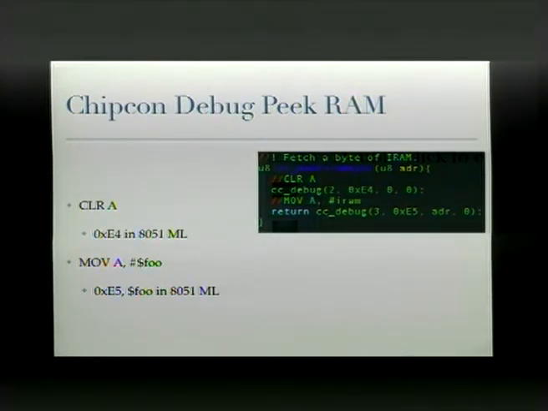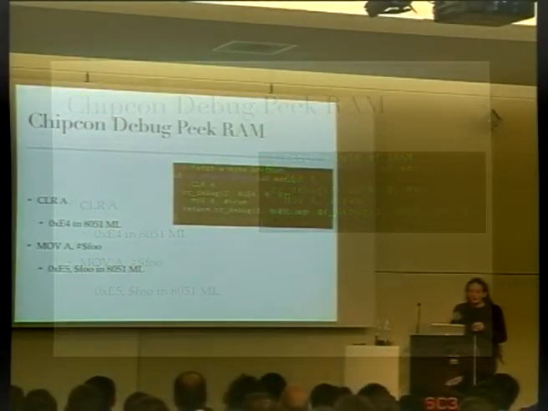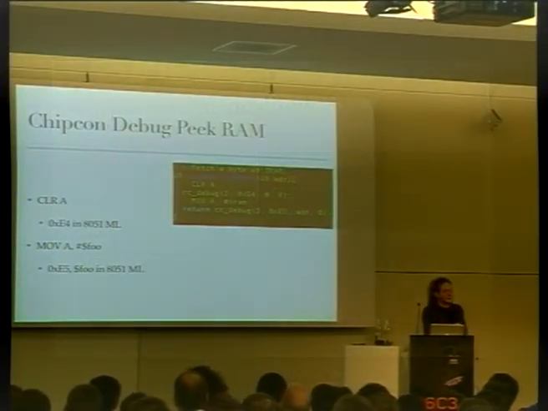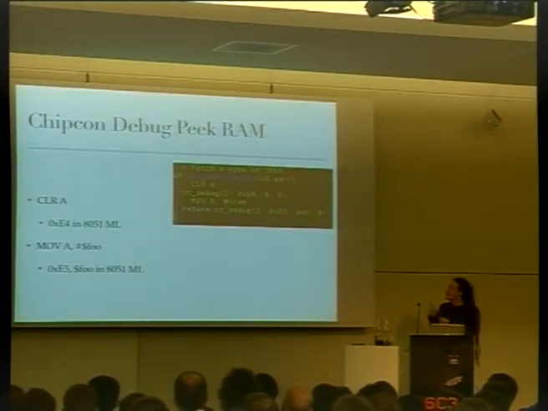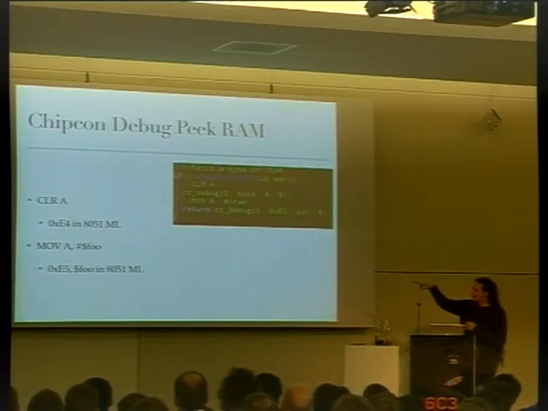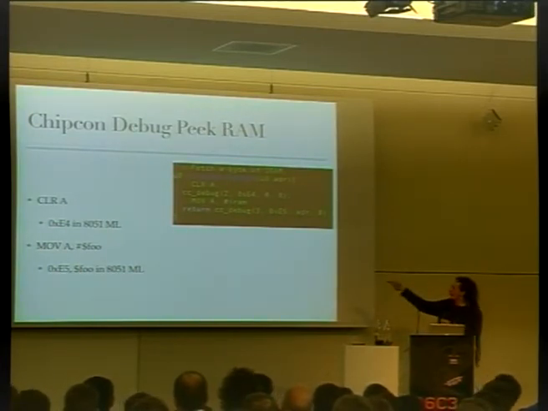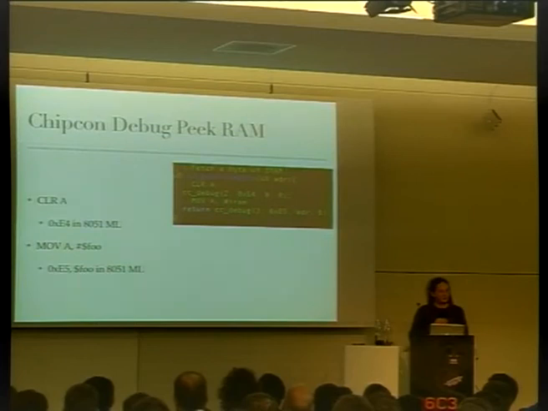So the first thing that I do is I clear the accumulator. And I do that by executing E4. And 0xE4 is the 8051 one-byte instruction to clear the accumulator. If you put that into a machine language program, it will clear the accumulator. And it takes no parameters after it. The next thing that I do is I move the value in memory at the address I'm interested in reading into the accumulator.